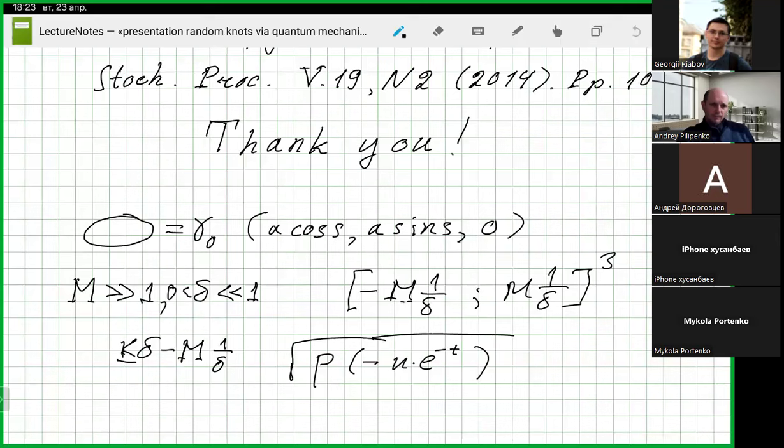And this five-phase state depends exactly on the shape of this long polymer.